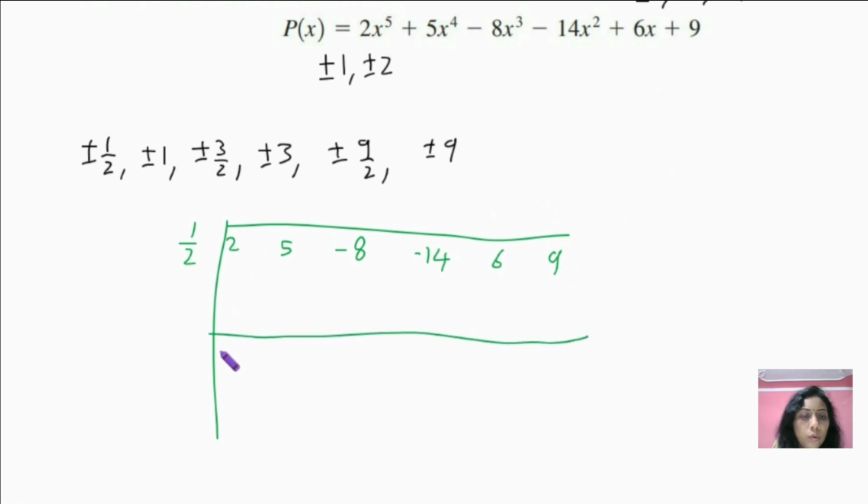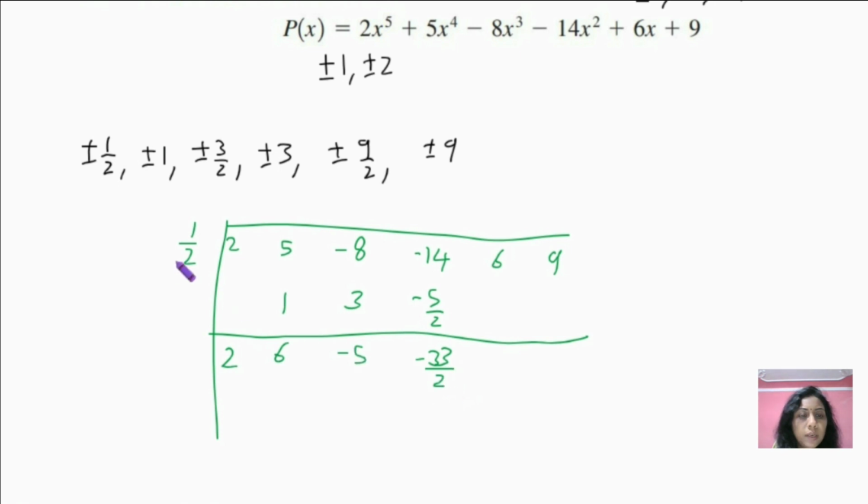Now bring down 2. 2 times 1 upon 2 is 1. This is 6. 6 times 1 upon 2 is 3. Minus 5. Minus 5 multiplied by 1 upon 2 is minus 5 upon 2. Minus 14, and minus 5 upon 2 is minus 33 upon 2.